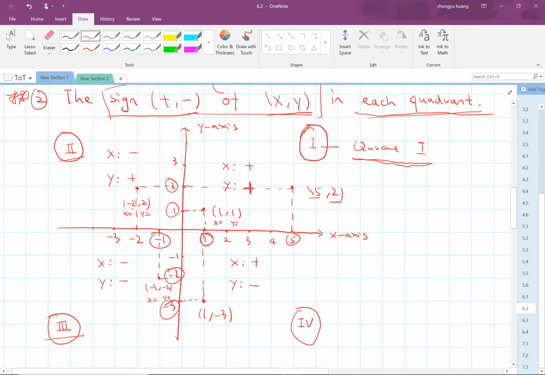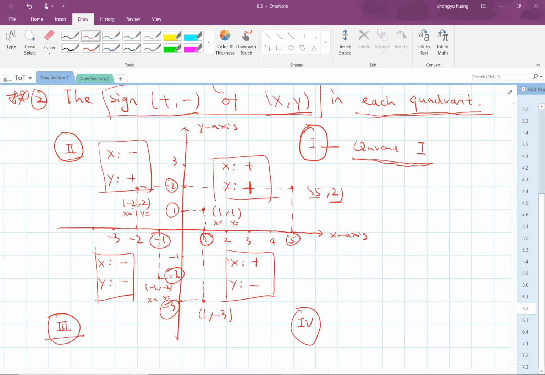That basically means no matter where the location is, as long as the point is inside the same coordinate quadrant, the signs of x and y will not change.